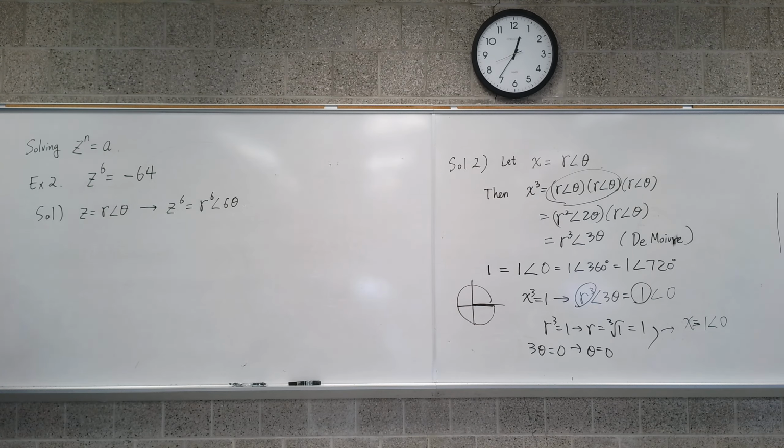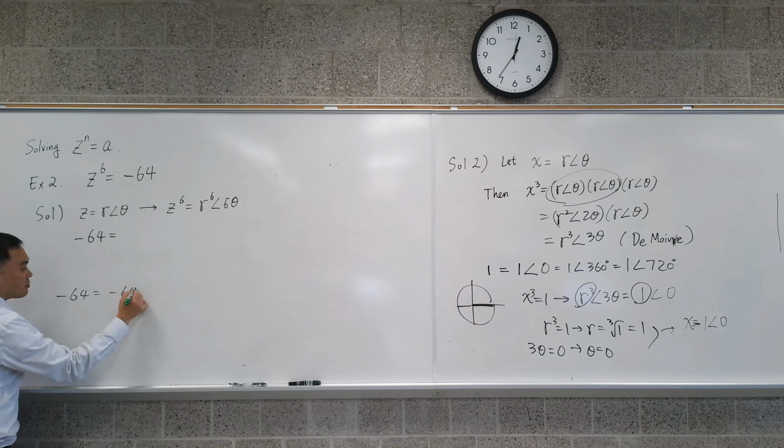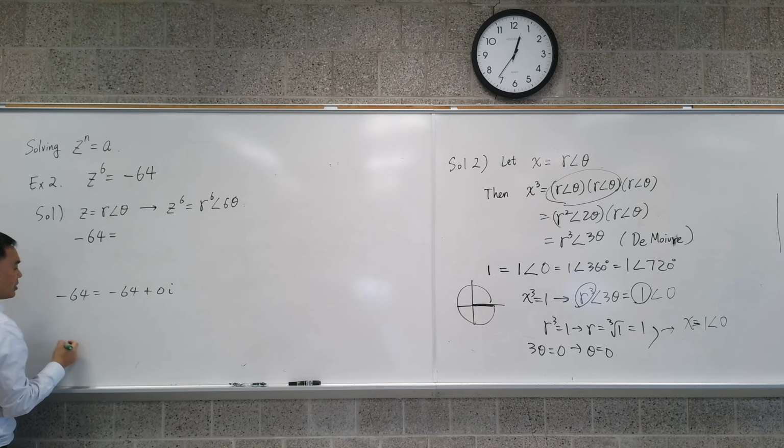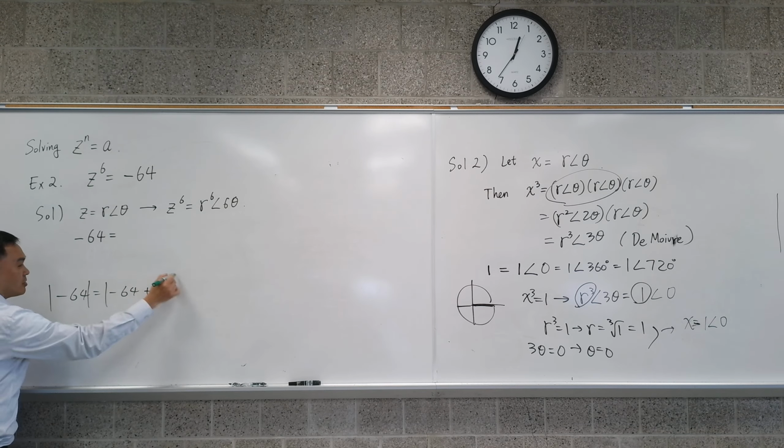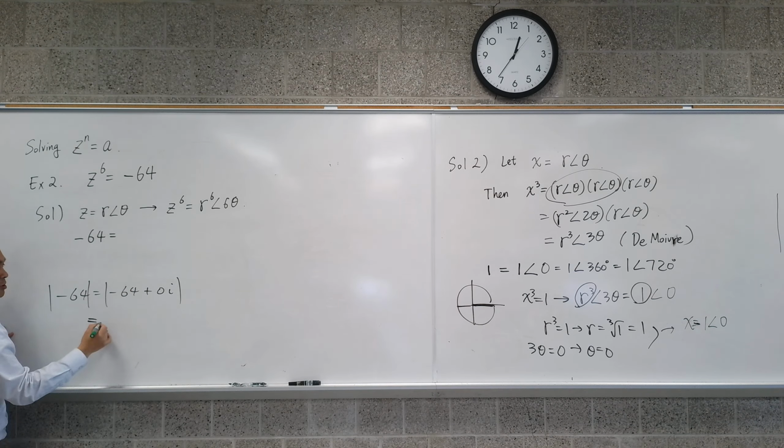Okay. We also need to change negative 64 into r angle theta. What's the magnitude of negative 64? 64. It's 64, right? You can think of negative 64 as negative 64 plus 0i, and then the norm of this is the square root of negative 64 squared plus 0 squared, right?